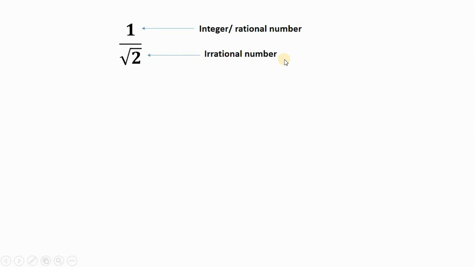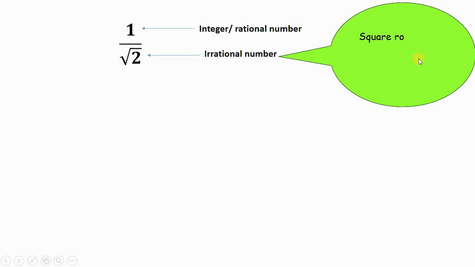And in class 8 we have learned that the square root of any number which is not a perfect square is an irrational number. Since 2 is not a perfect square, therefore square root of 2 is an irrational number.